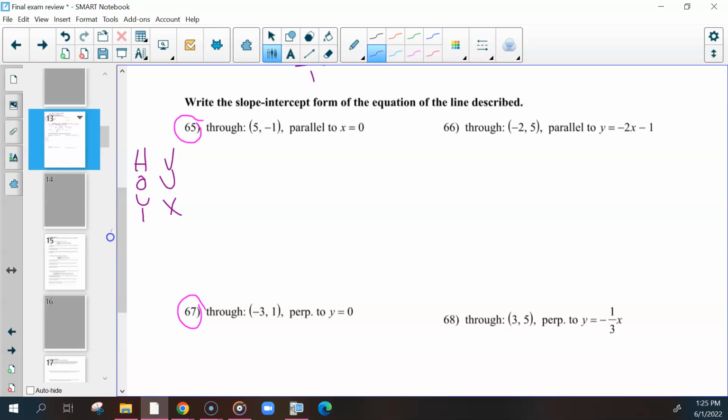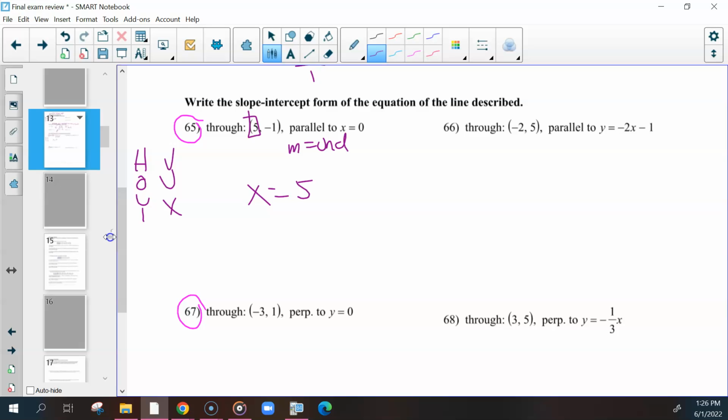The slope of this line is undefined. That means our new line also has to have an undefined slope. If our new line is also undefined, that means it also has to be an x equals. So we have to look at our x value to see what that x is, and write that as our equation.